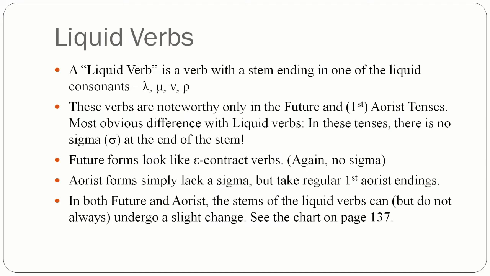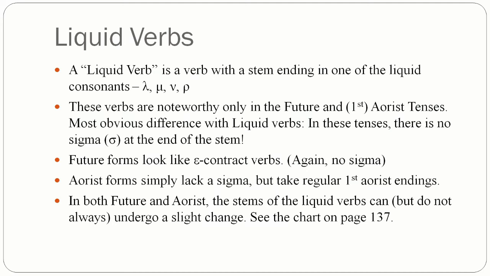One other thing about this: in the future and aorist tenses, liquid verbs often, but not always, undergo a slight stem change. You can look at the chart on page 137 if you'd like to see that. 137 gives you a list of these. Note, for example, that first one there, angello. It undergoes a stem change in the future.